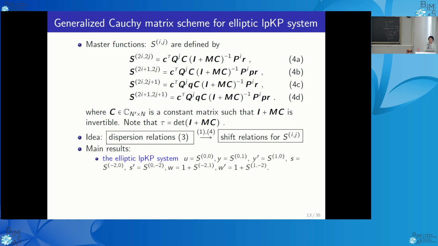The main results for the elliptic KP system are the following. We choose different integers for Sij, like 0, 0, 0, 1, 1, 0, and so on.